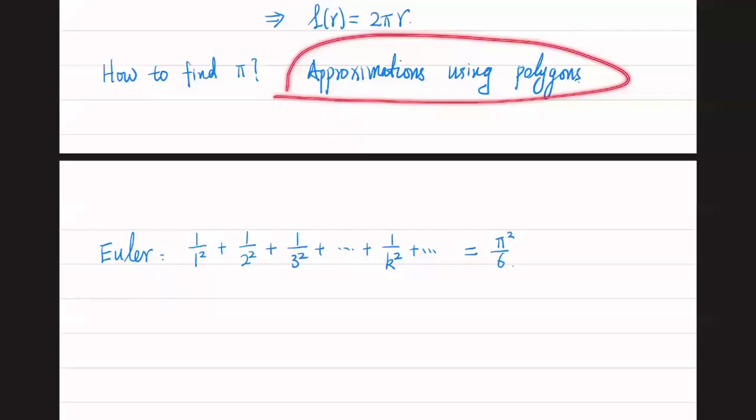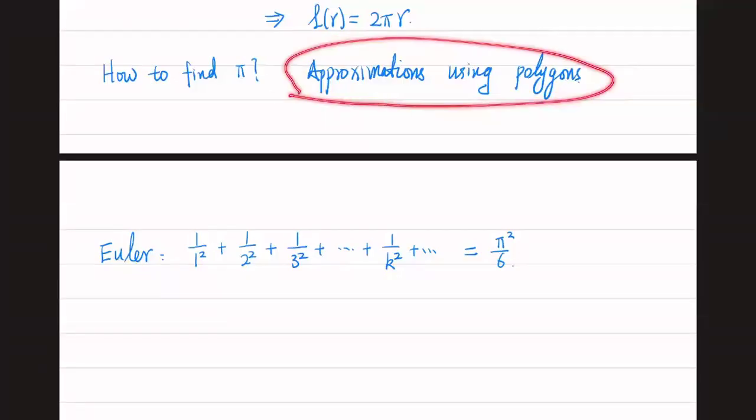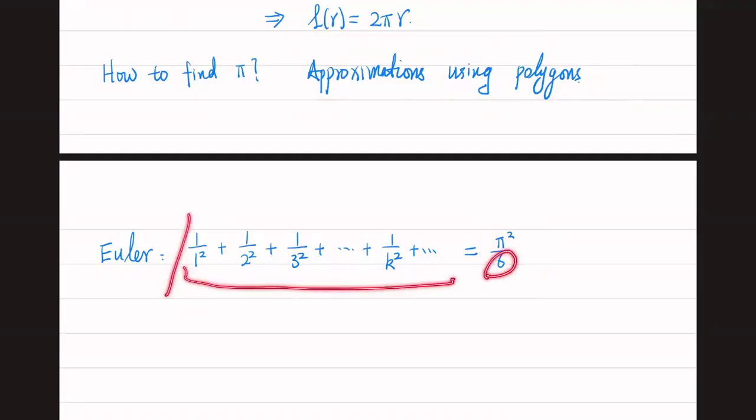Before, we have approximations. We can get better and better approximations, but we can never get the exact value. What is pi? This formula, even though it's complicated, it tells us what the exact value is. So how do we find pi? If we can add all of them, multiply by 6, then take a square root, we get pi. This gives an exact value.